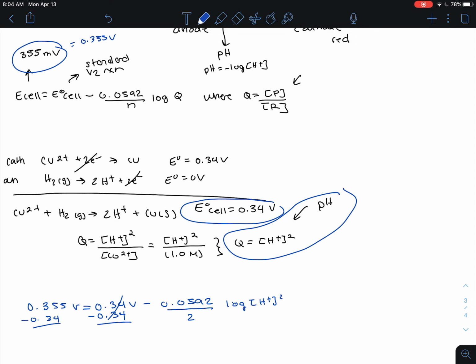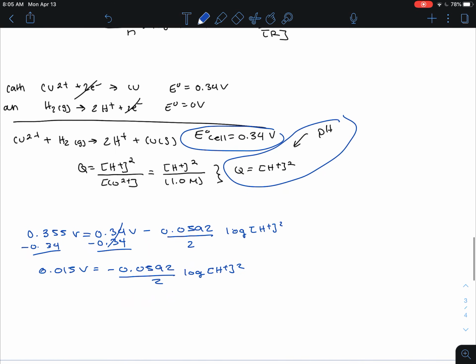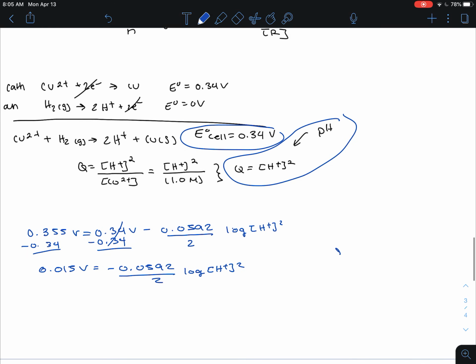So then you just calculate. So you subtract over your 0.34 on both sides. You get 0.015 volts is equal to negative 0.0592 over 2 log H plus. And now what I would do is I would leave the negative because pH is equal to negative log of H plus.